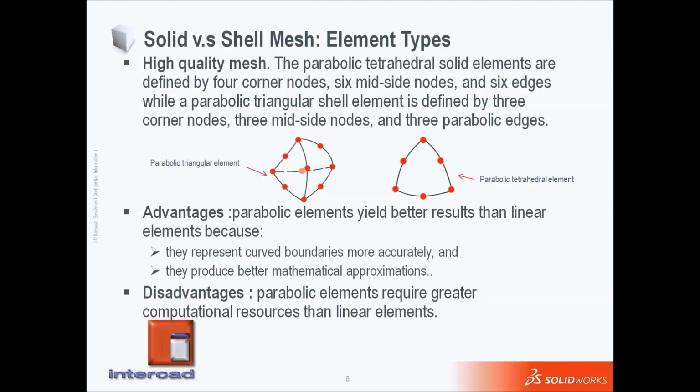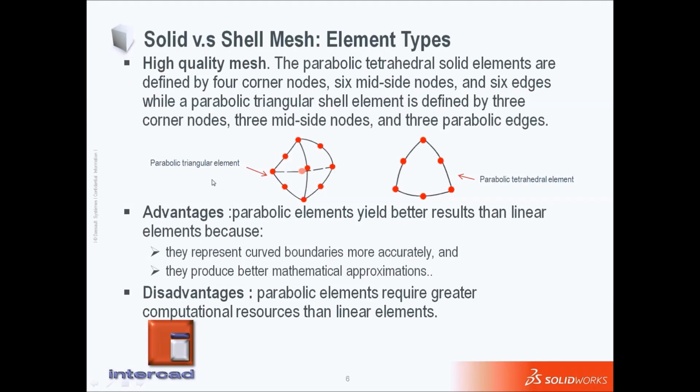Compared to this, we have high quality mesh, which in the case of solid elements uses parabolic tetrahedral solid elements, defined by 4 corner nodes, as you can see in this shape, 1, 2, 3, 4, 6 mid nodes, 1, 2, 3, 4, 5, and 6, and 6 parabolic edges which connect all the nodes together.